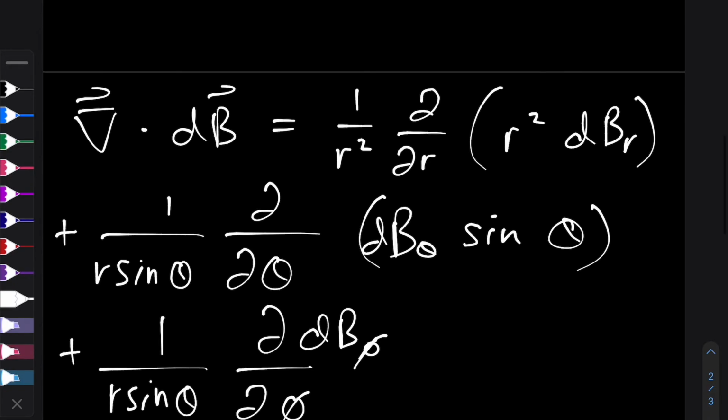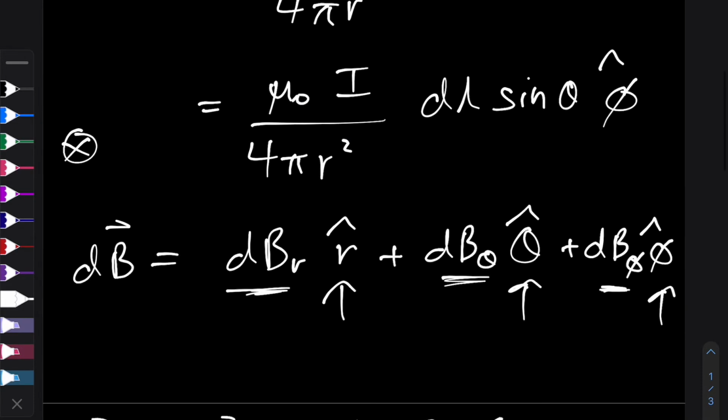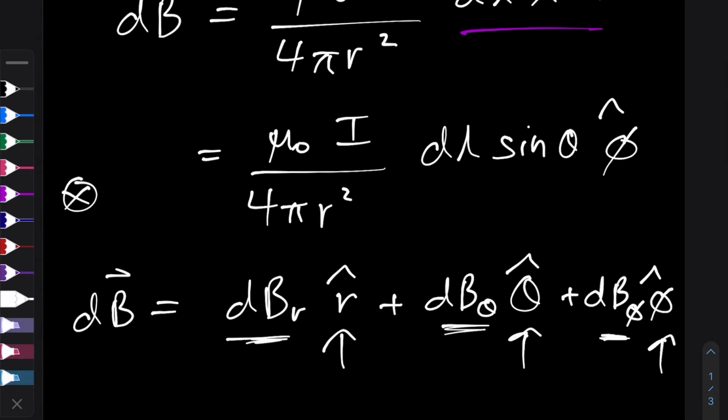Now, this looks really nasty, and it looks like I pulled this formula out of thin air, but it's just the formula for the divergence operator in spherical polar coordinates.